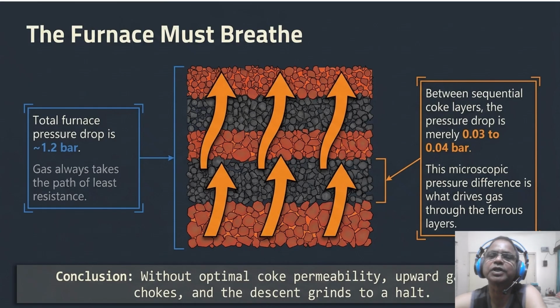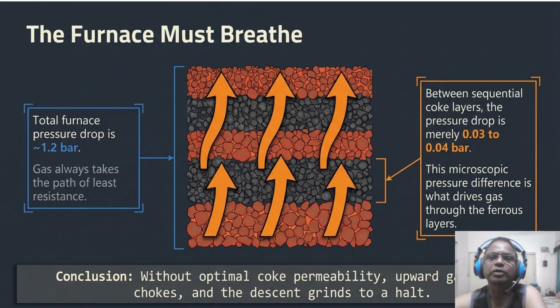The total furnace pressure drop across the entire stack is approximately 1.2 bar. But look closer at the microscopic pressure difference between the sequential coke layers. It is merely 0.03 to 0.04 bar. That teeny gradient is what drives the gas through the dense ore layer.